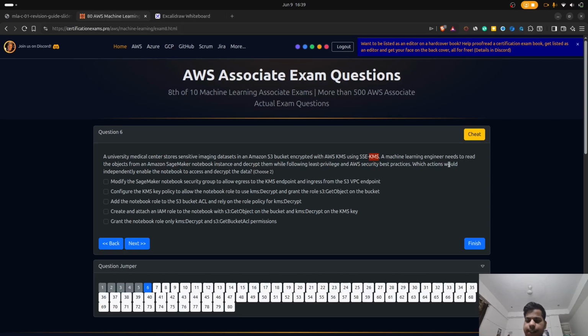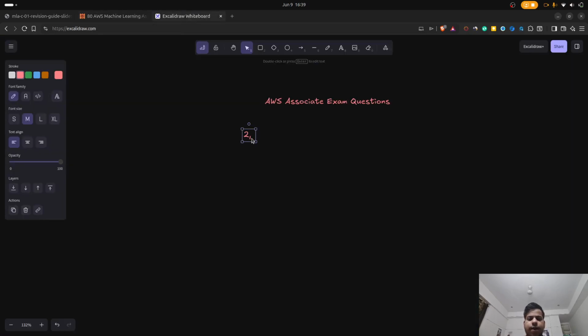A machine learning engineer needs to read the objects from an Amazon SageMaker notebook instance and decrypt them while following least privilege and security best practices. Which action would independently enable the notebook to access and decrypt the data? Let's add this question to revisit later.